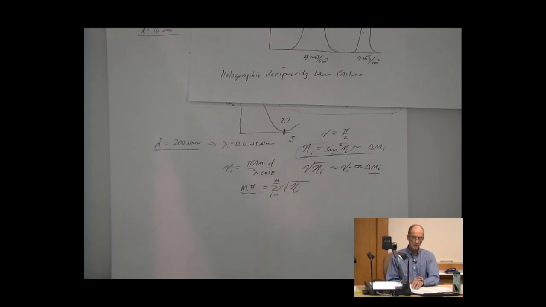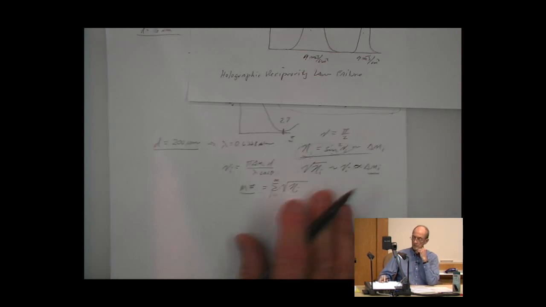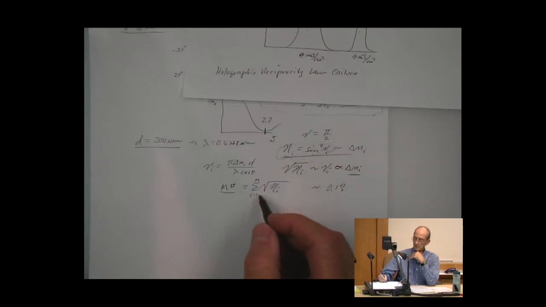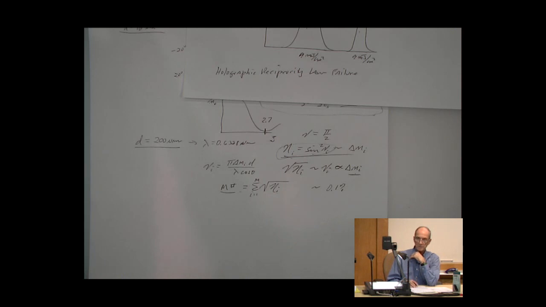So an M number of, say, 2 or 3 is actually pretty good. For the data storage problem, you may not need very high efficiency to get good signal detection if you have a sensitive camera. And so a lot of times the efficiency that you would have might only be a tenth of a percent even. So if that were the case, then the number of holograms that you have can be pretty significant, on the order of 1,000 or so.